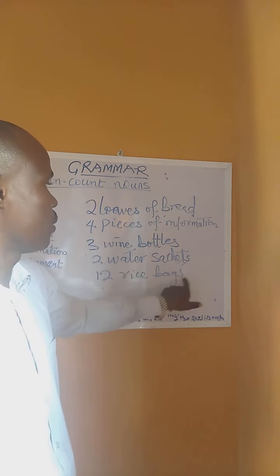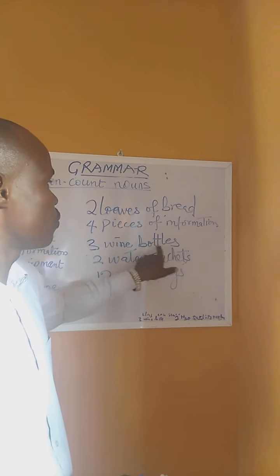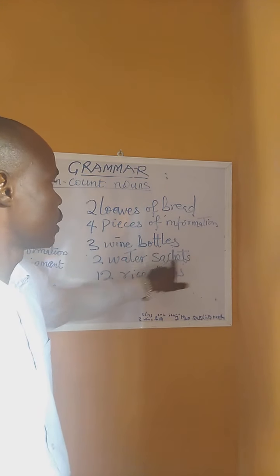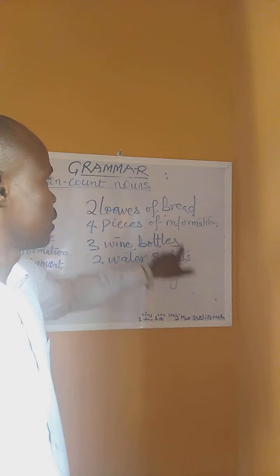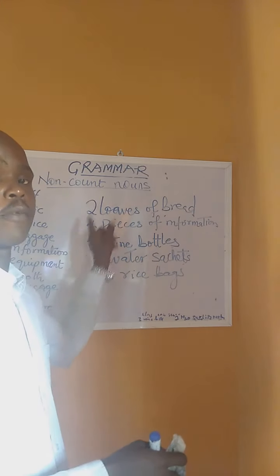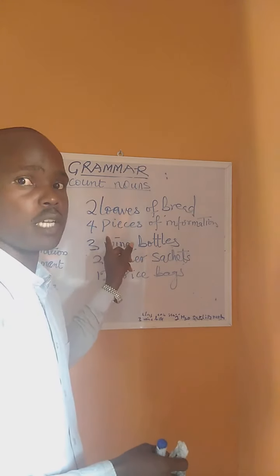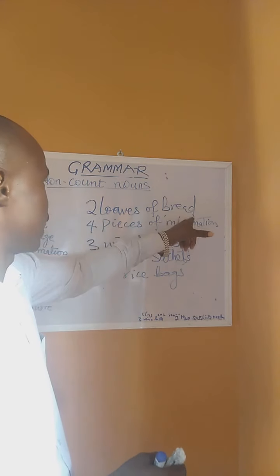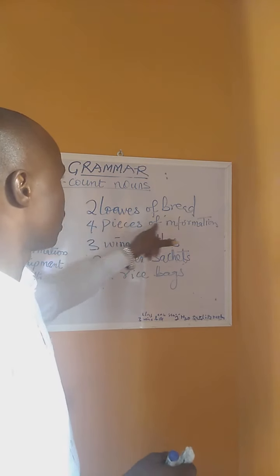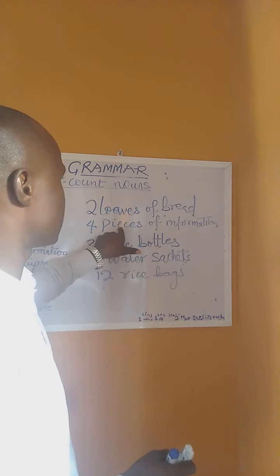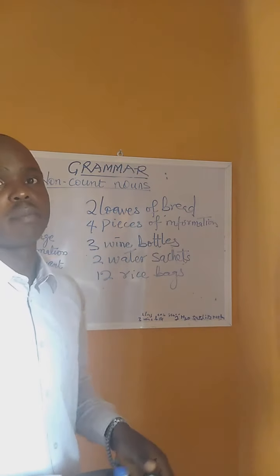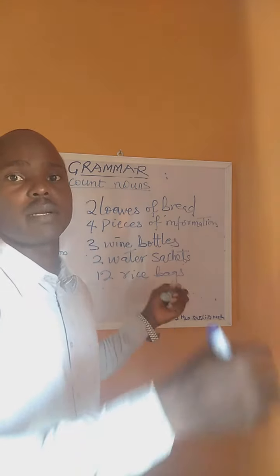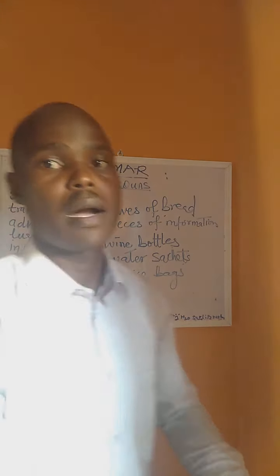So these countable nouns, the bottles, the sachets, the bags, are pluralized. And in the first method, with two loaves of bread and four pieces of information, the pieces and the loaves are pluralized. That is where we use the countable nouns before the mass count noun.